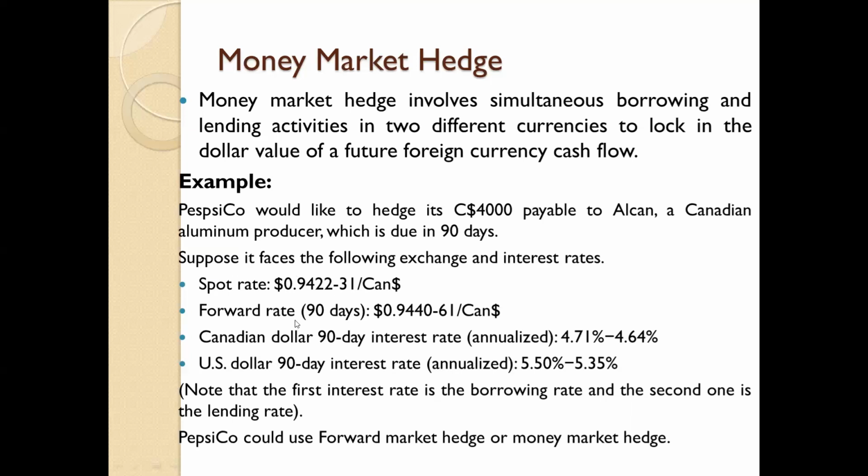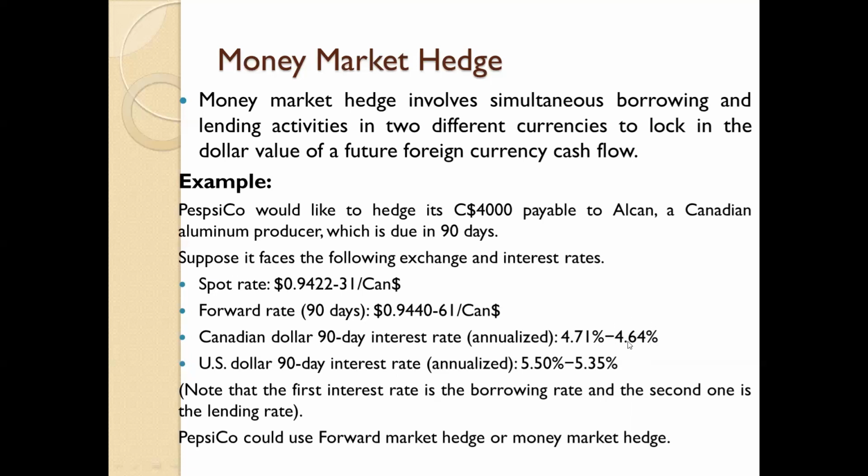Also, you have the forward rate between the Canadian dollar and the US dollar for 3 months. And you also have the interest rates for Canadian dollar denominated assets as well as US dollar denominated assets. Right? Here also you get two rates, because there is a lending rate and a borrowing rate.